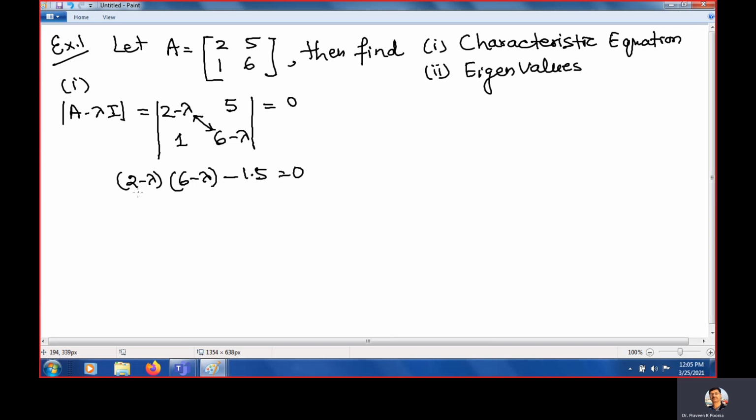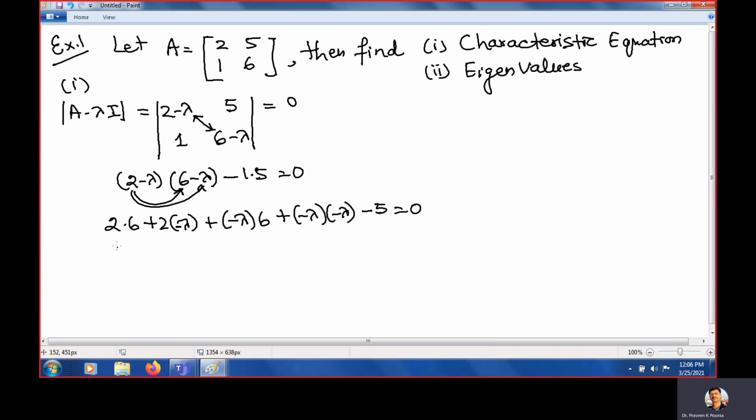Now multiply these two: 2 into 6, 2 into minus lambda, plus minus lambda into 6, minus lambda into minus lambda, and minus 5 into 1 is 5, is equal to 0.